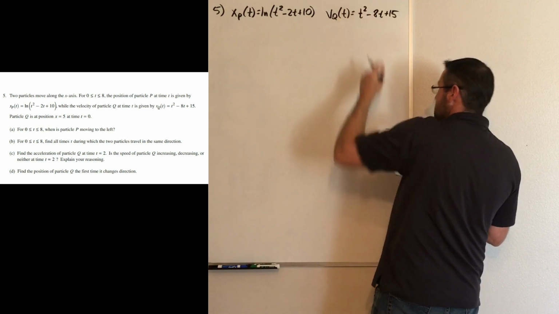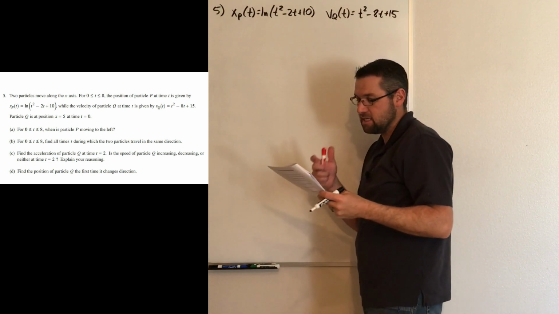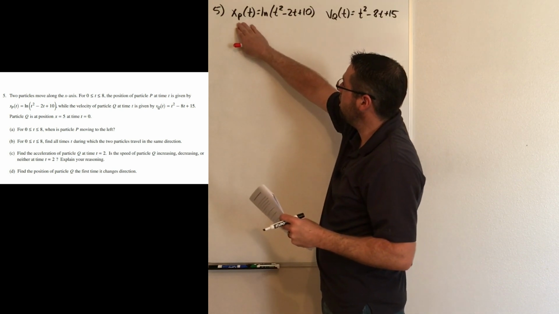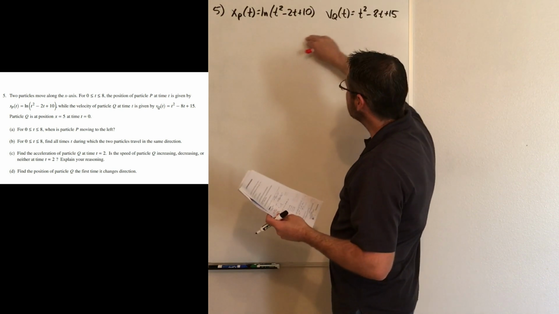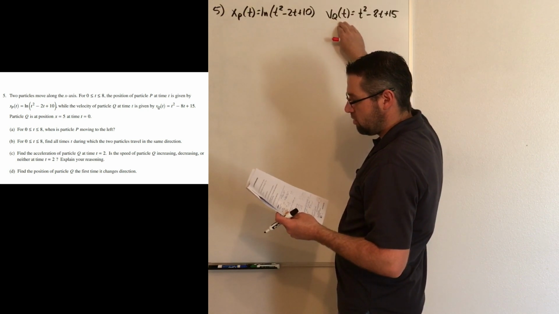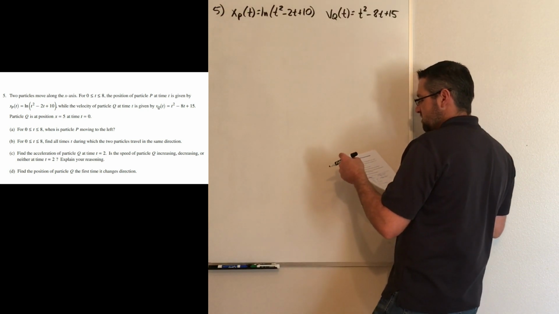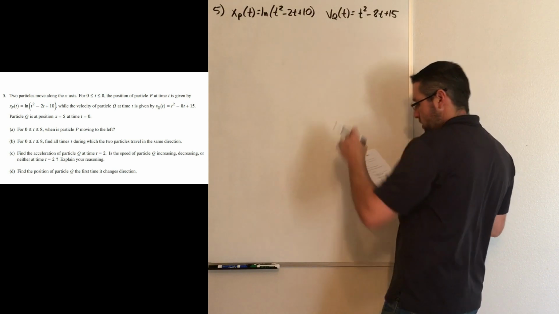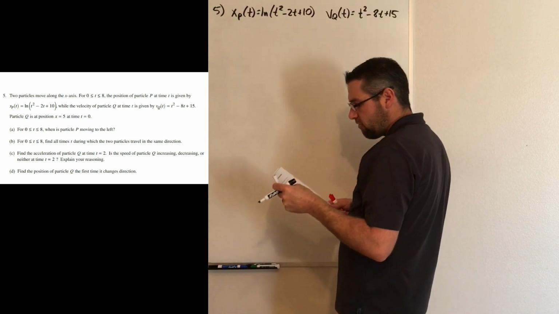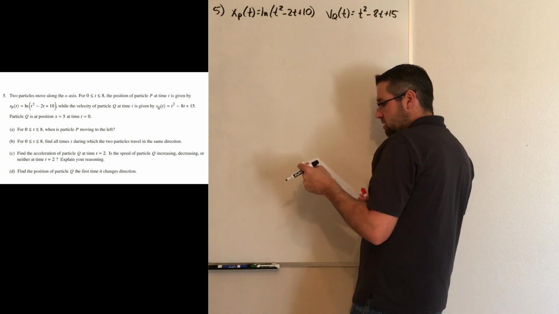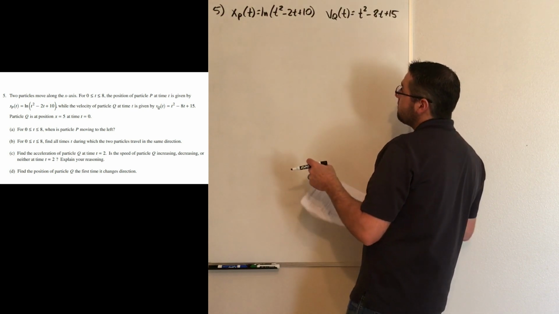So those are the two bits of information it gives us. And it says that this is the position of particle P, and this is the velocity of particle Q. And then it also gives us an initial position of 5, 0 for particle Q, but we'll get to that later.